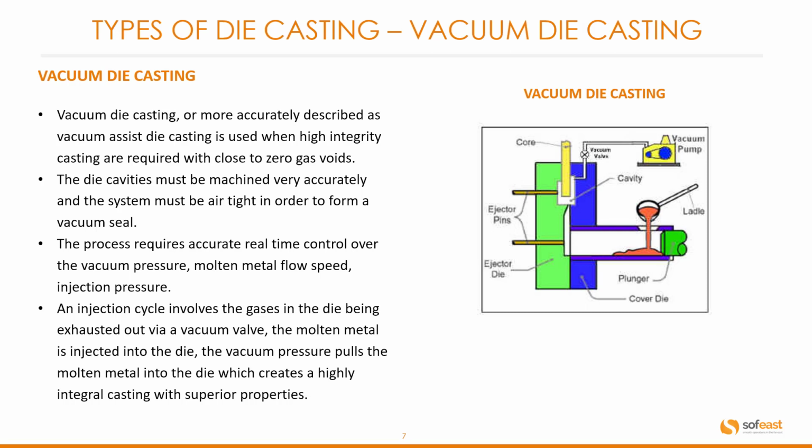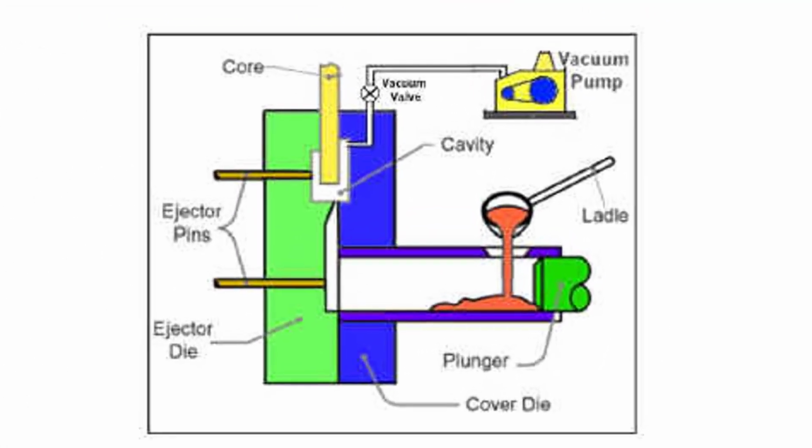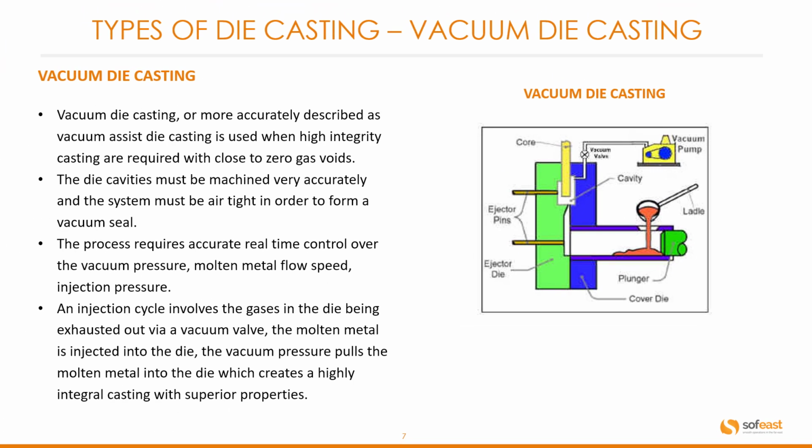An injection cycle involves the gases in the die being exhausted out via a vacuum valve. The molten metal is injected into the die. The vacuum pressure pulls the molten metal into the die, which creates a highly integral casting with superior properties. We quickly saw this diagram at the beginning, but here it is again so we can have a look at how the vacuum assist layout works.